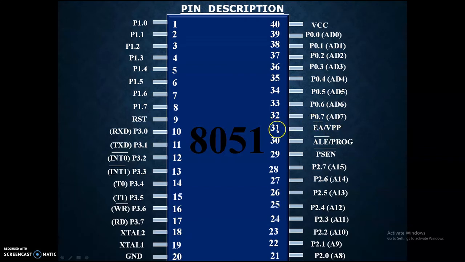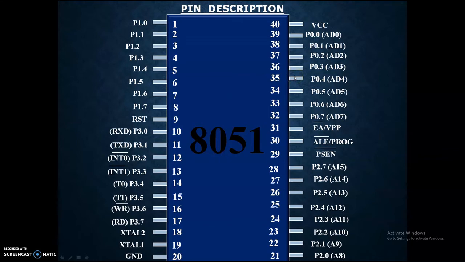We will discuss the operation of pins 29, 30 and 31 very soon. And pin number 32 to 39 denotes port 0. This port 0 is the multiplexed address and data. So AD0 to AD7, the lower 8 bits of the address and the data, are multiplexed, and that is represented by this P0.